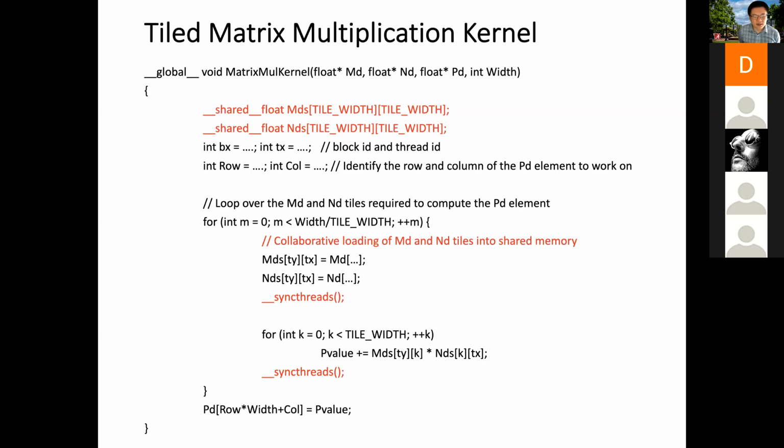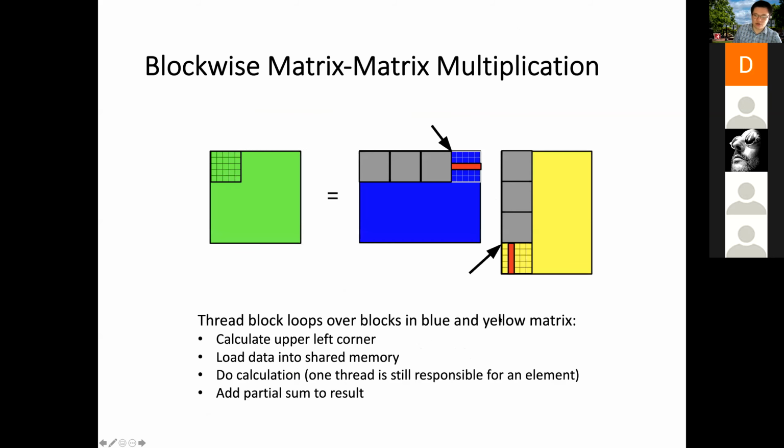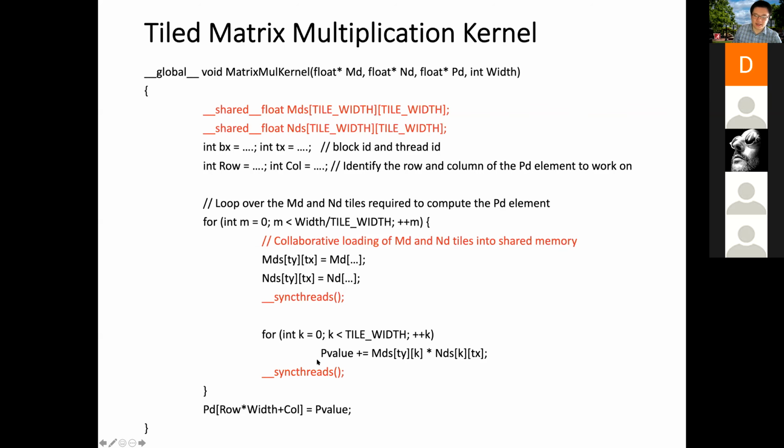We have some other further blocking to increase the performance, but generally speaking, this is the idea of the shared memory. You just load the data to a shared memory, calculate in the shared memory, accumulate the result in the shared memory, and finally write the shared memory data back to the global memory.